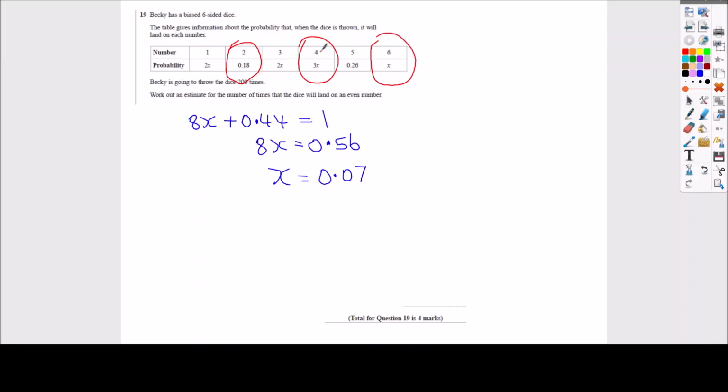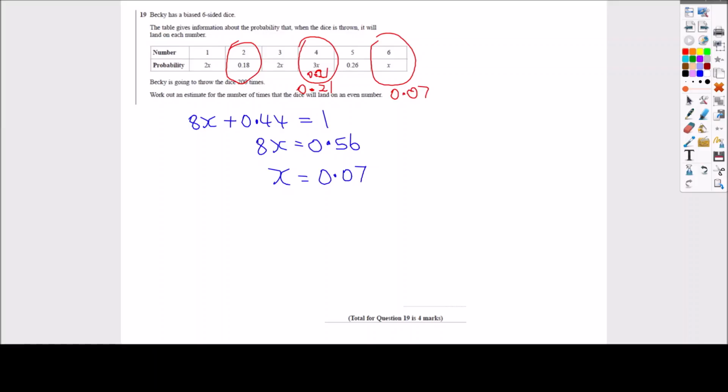The probability of a 4 is 3 lots of x, so 3 lots of 0.07, which is 0.21. Now, probability of a 6 is x, which is 0.07.